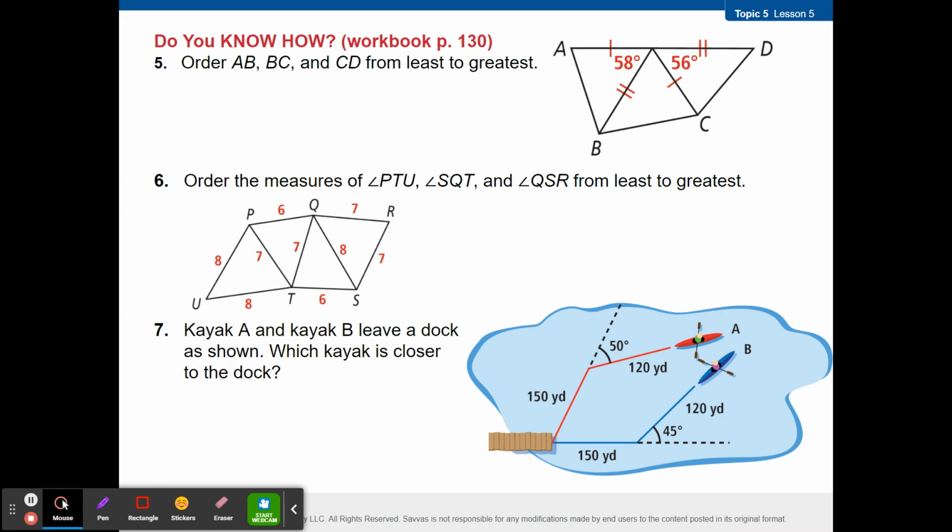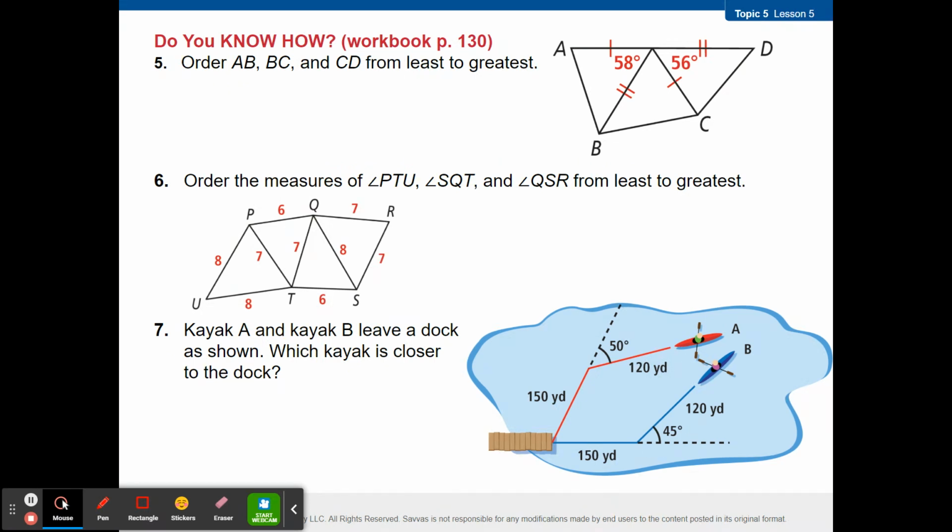Well, look at the angle. That's 58. That means AB has to be bigger than BC. Oh, I got it. 180 minus 15, 48 plus 5. In my head, guys.